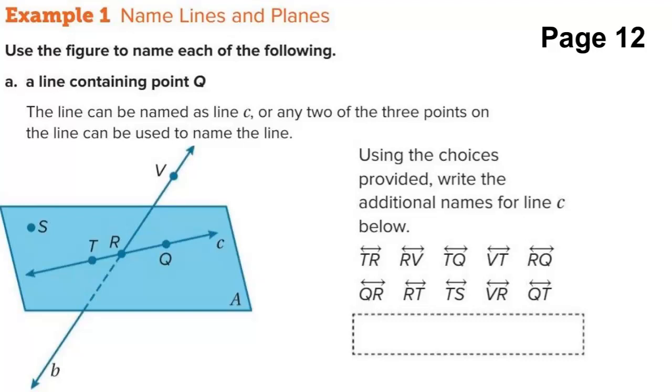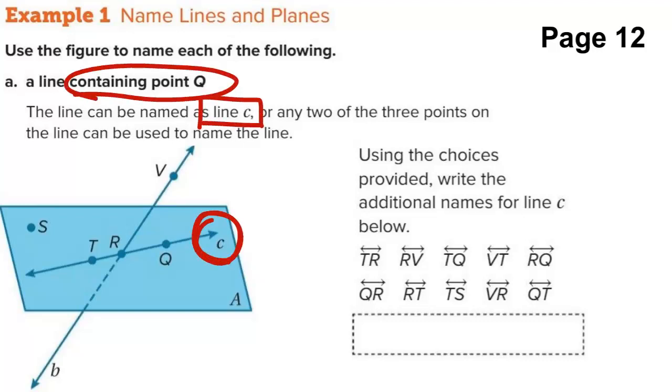All right, so we're going to talk about the line that is containing point Q. We can see that they call that line C. They have a lowercase c there. Which points did they name for us on line C? T, R, and Q. T, R, and Q are 3 points that they picked out and they gave names to.